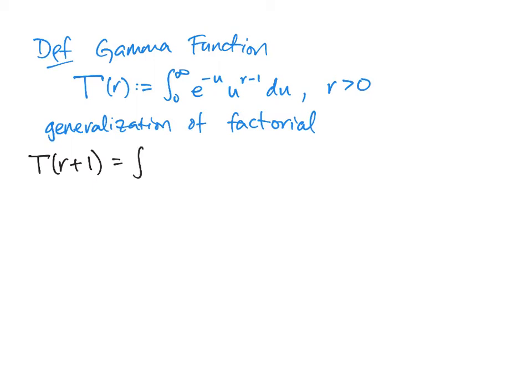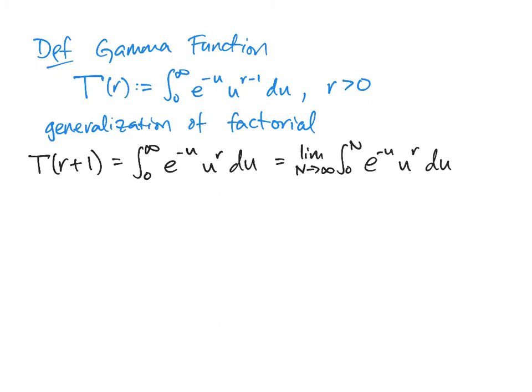So we'll just write out the definition. Integral from 0 to infinity of e to the negative u times u to the r du. Now we can write this as a limit as capital N goes to infinity, integral from 0 to n, same thing, u to the r du.